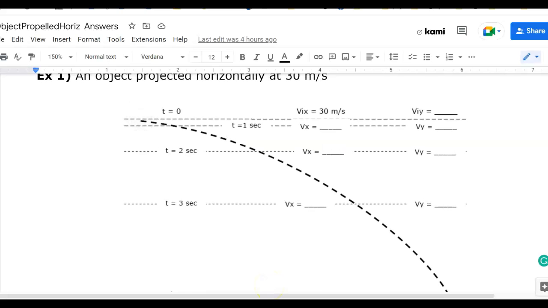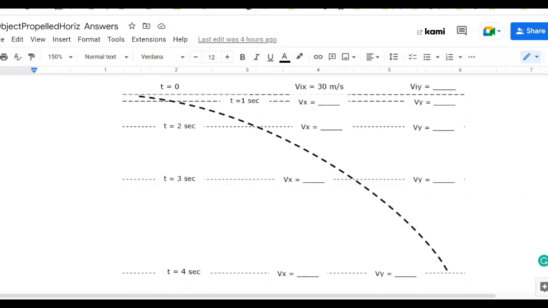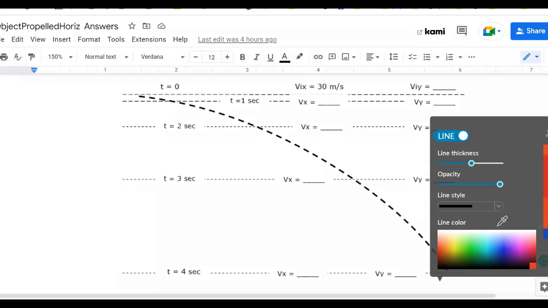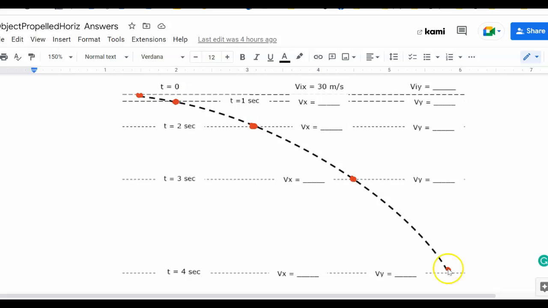Everywhere the path intersects the dotted line is the position of the ball: the ball at 0, the ball at 1 second, at 2 seconds, at 3 seconds, and at 4 seconds it hits the ground.